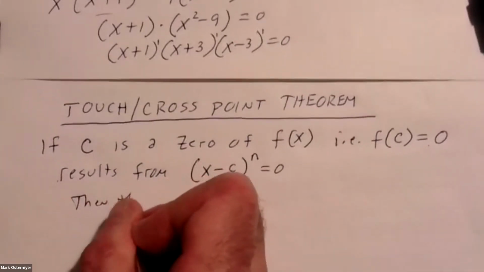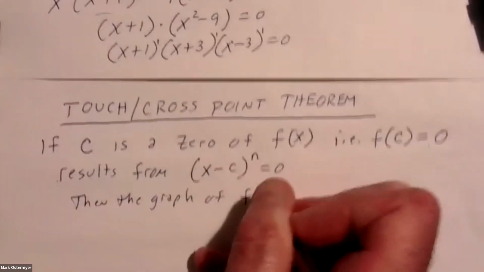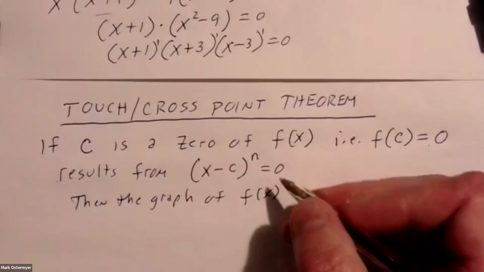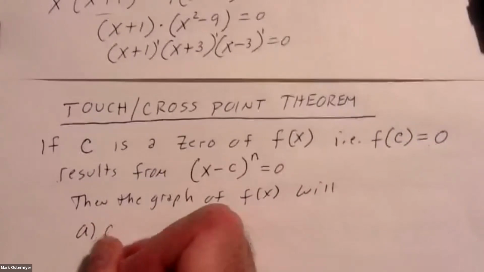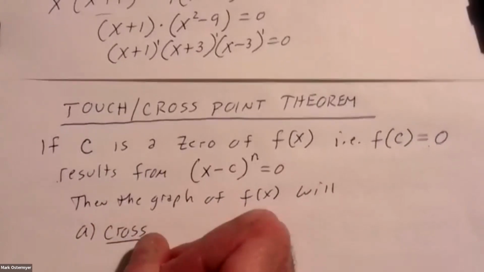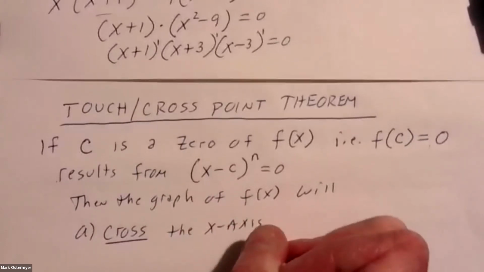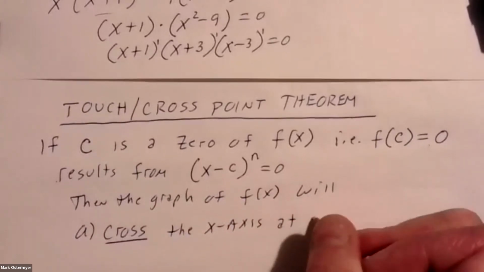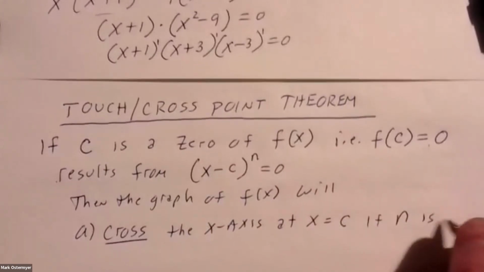Then the graph of f of x will cross, it will actually cross the x-axis at x equals c if n is odd.